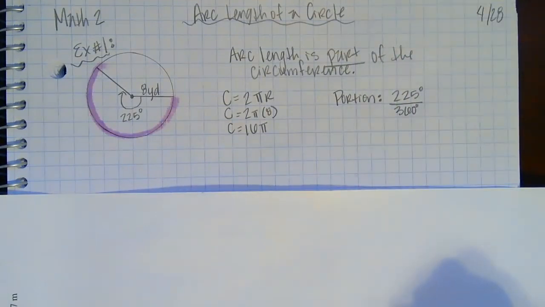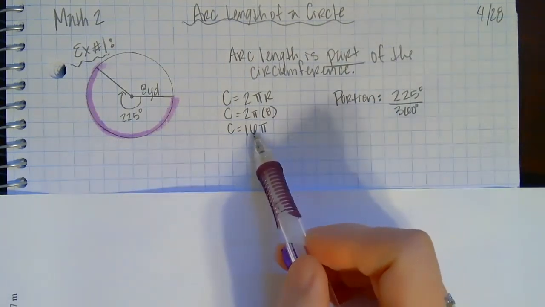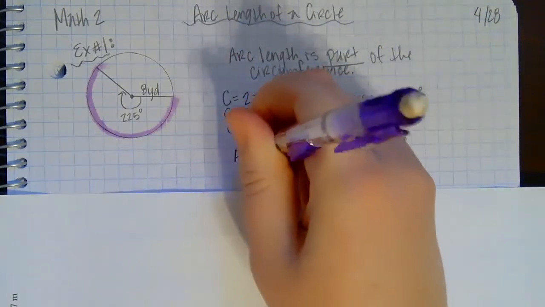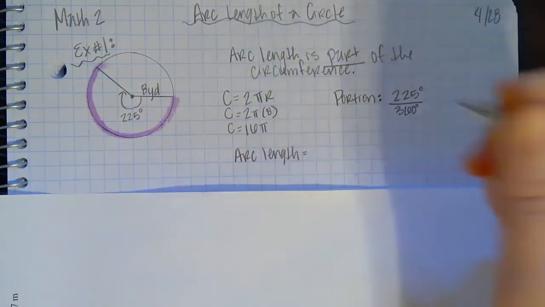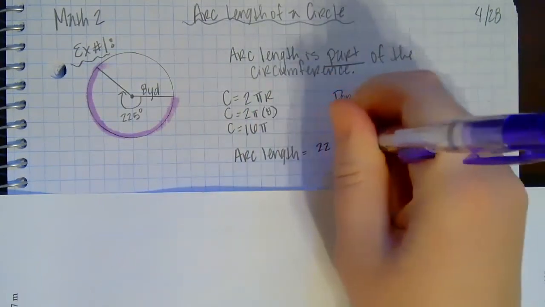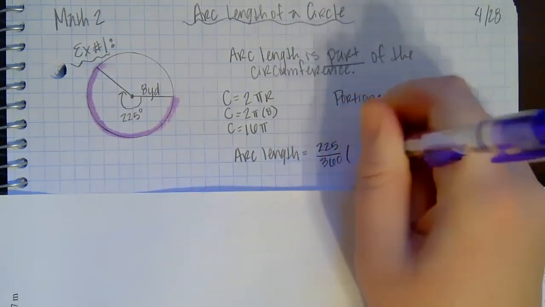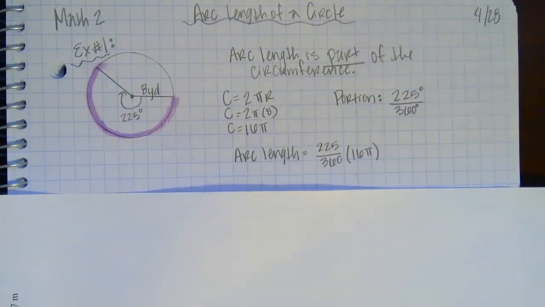That's how much of my circle I have. If it was a fourth of the circle, I could just take a fourth of the circumference. So that's exactly what I'm going to do here to find my arc length. I'm going to do the portion of my circle times my circumference to find out how much I actually have, okay?